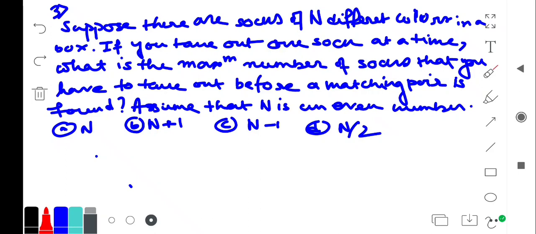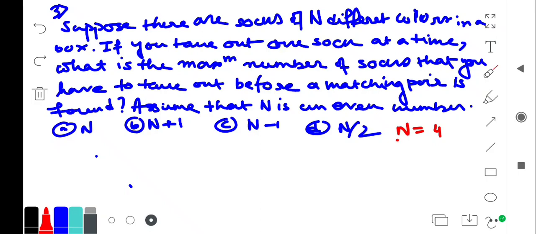Okay, next, let n equal to 4. Okay, suppose n equal to 4. Why have we taken 4? Because I could also say 2, 2 is an even number, but 2 is a very small number. That's why we take a moderate value, that is 4. Okay, so there are socks of 4 different colors in the box.